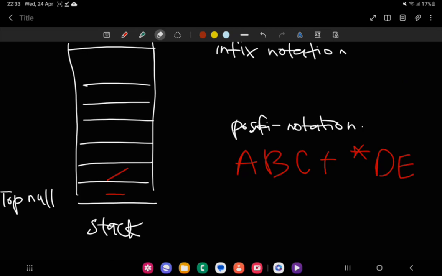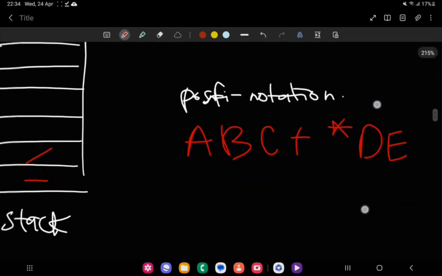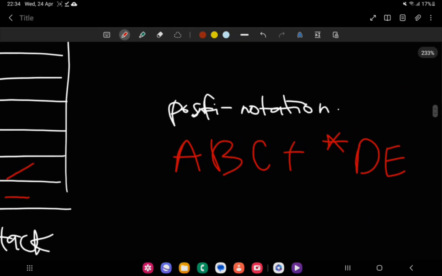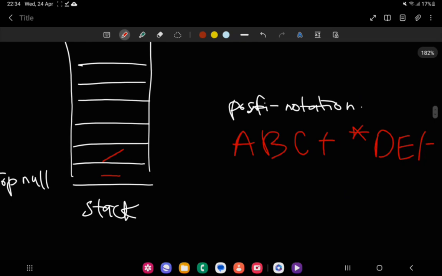So the input expression is complete now. So we pop the stack and append it to the output. So the final answer is, oh sorry, there's no space there. So I will put this here and here, right?